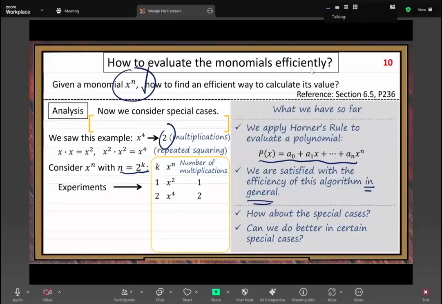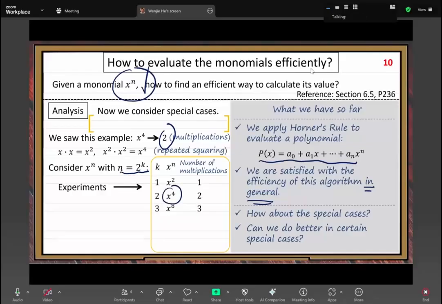When k equals 3, x to the 2 to the third, x to the eighth. So you do another square operation on x to the fourth, and you need 3 multiplications.